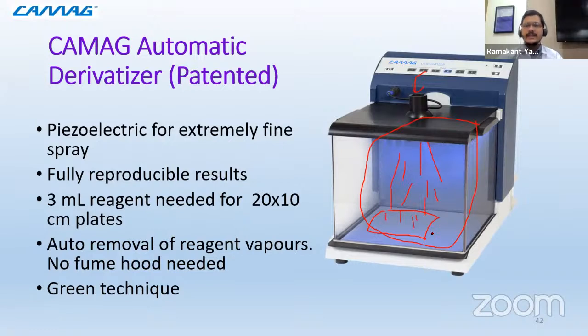So this is a user-independent derivatization technique, and whatever vapors are generated in this hood are collected automatically by a pump into a waste collector bottle kept at the back side of this instrument. So it is an eco-friendly tool. No hazardous vapors are generated in this technique during derivatization.